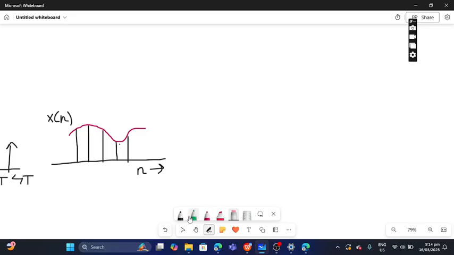As I have already told you the formula, it was x_s of t. I am writing it again. x_s of t is equal to x_c of t times delta of t.